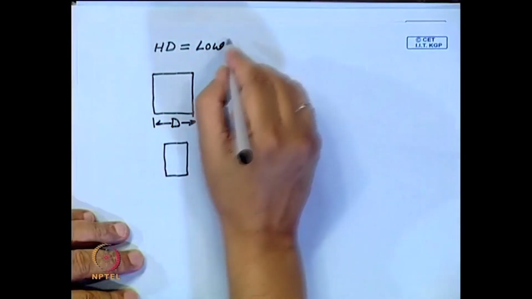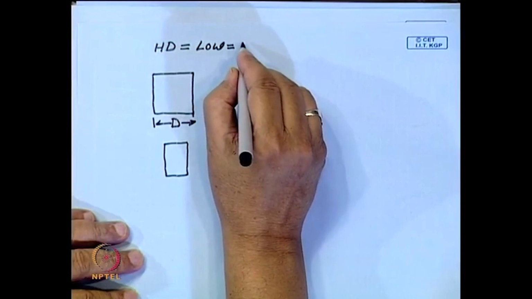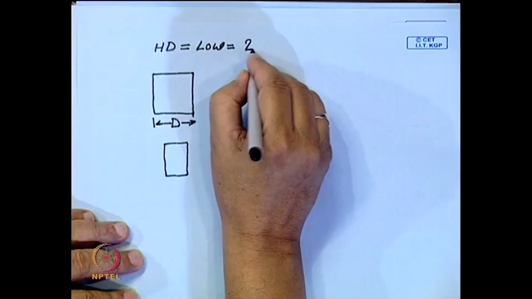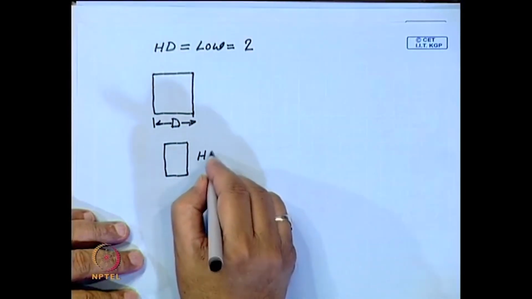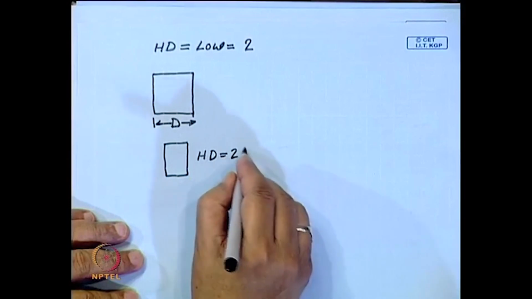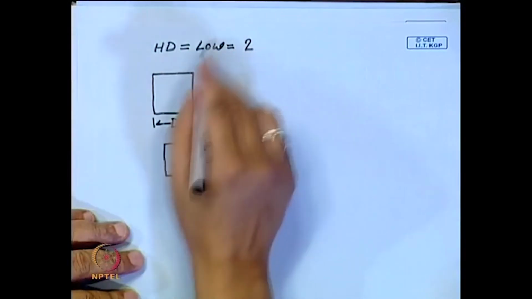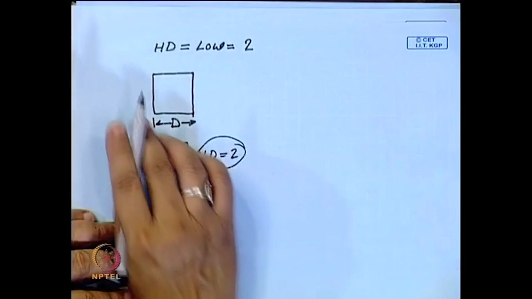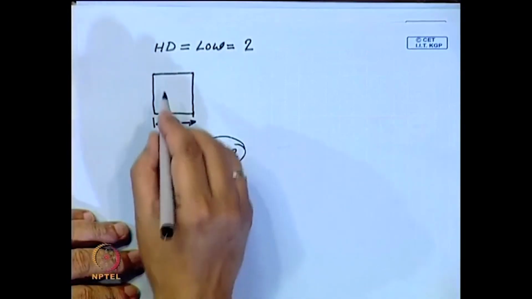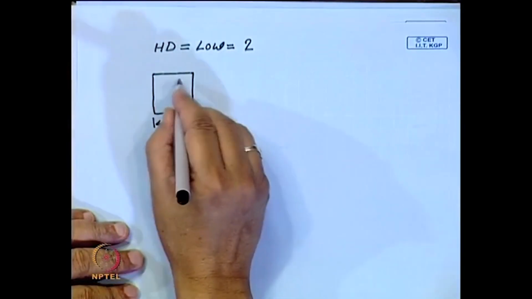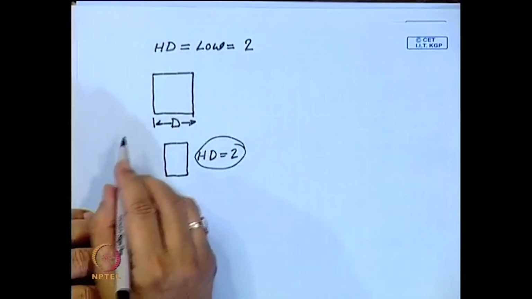So, here also say suppose HD is equal to 2, here also HD equal to 2. Depending on whether it is low or high, it will determine the nature of the temperature profile that you have.